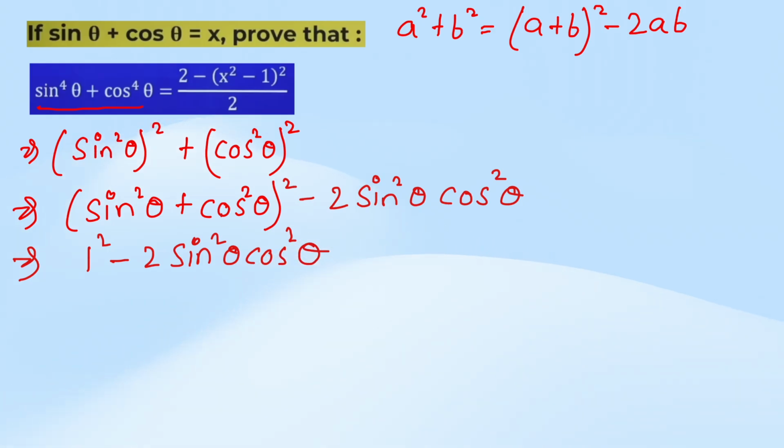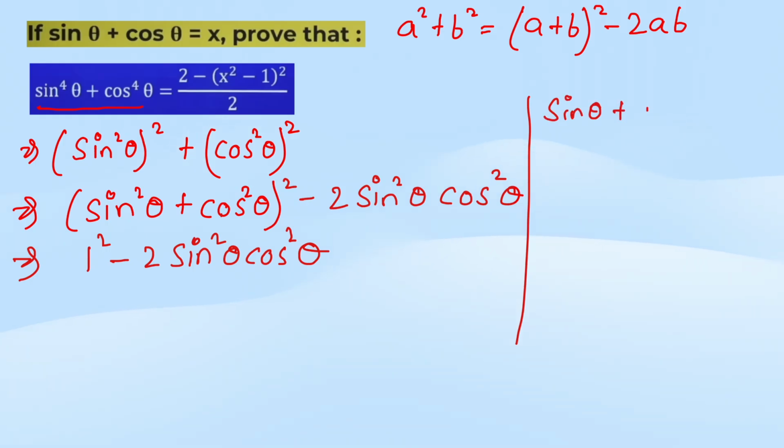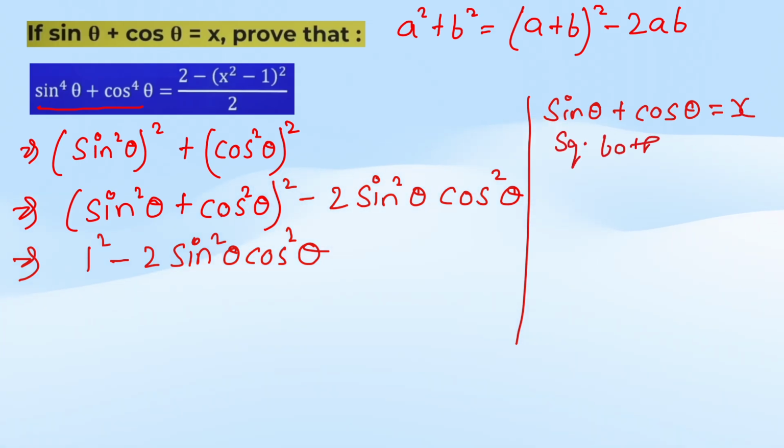This is my final, but I want the answer in terms of x, not in terms of sin theta and cos theta. So let's make use of the identity given, that is sin theta plus cos theta equals x. On squaring both sides, what will I get? Why am I squaring both sides? Because I want sin square theta cos square theta. I don't want the answer in sin theta and cos theta, I want their square.